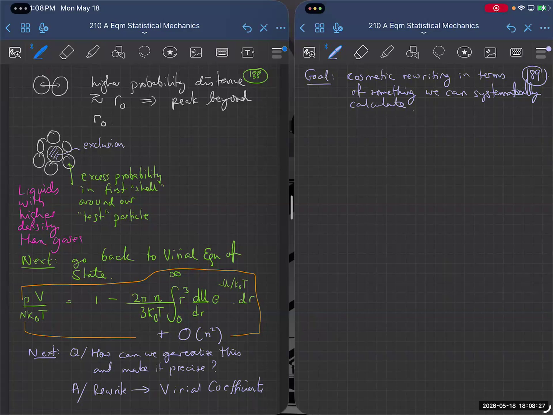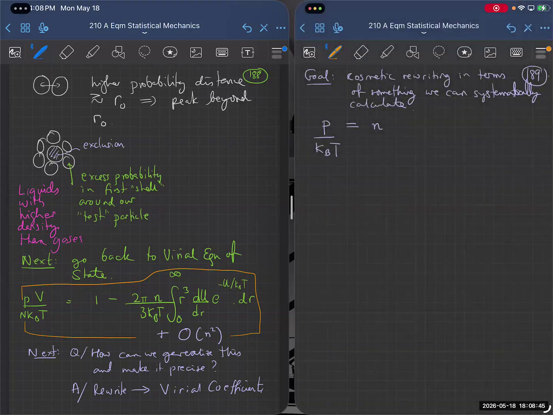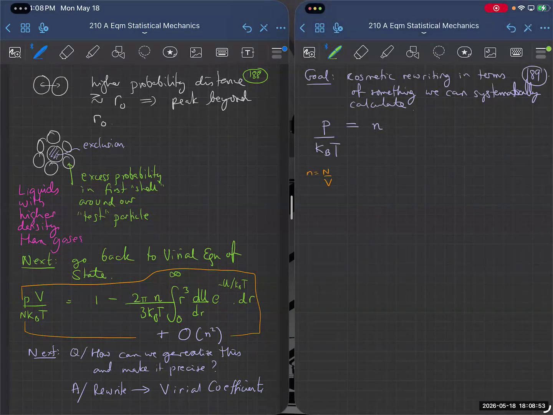Okay, so here's my goal. In the end, I'm going to propose that I can write down that P over kT is equal to n. So that's the ideal gas formula, right? So this term over here is the ideal gas.